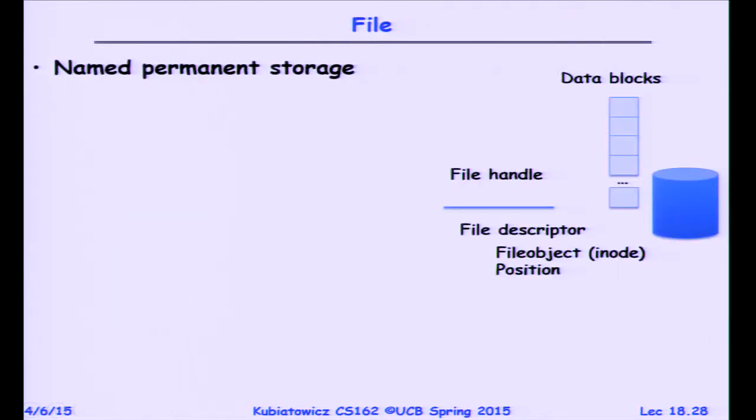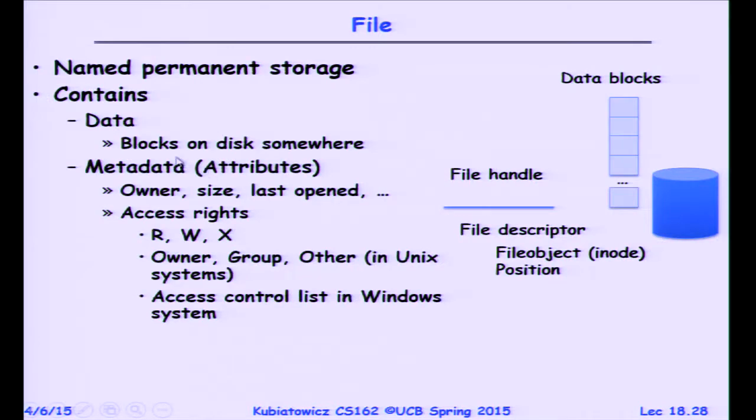So what's a file? It's named permanent storage. It contains a bunch of data, which are blocks on disk somewhere. And it's got a bunch of metadata, like attributes. You know, who's the owner? How big is it? When was it last opened or written? What are the access rights? Owner, group, other in Unix.